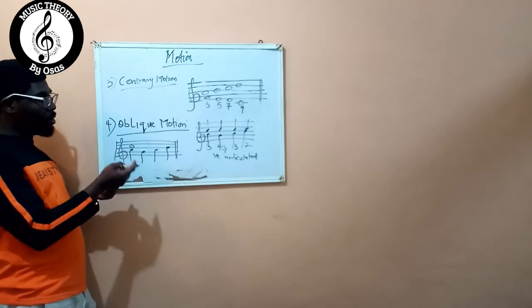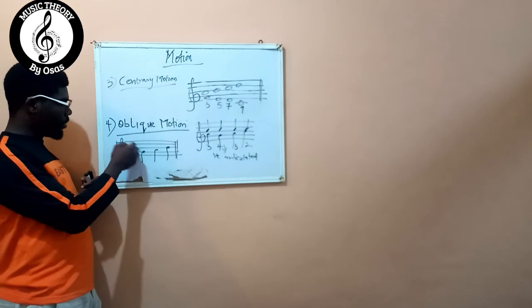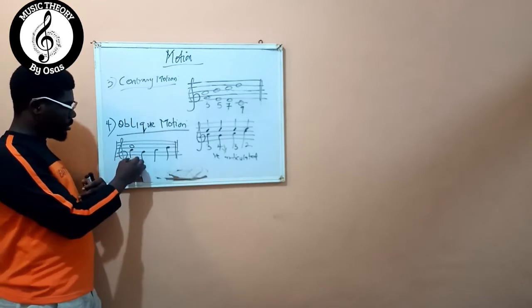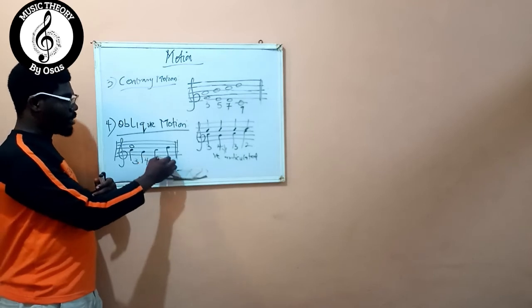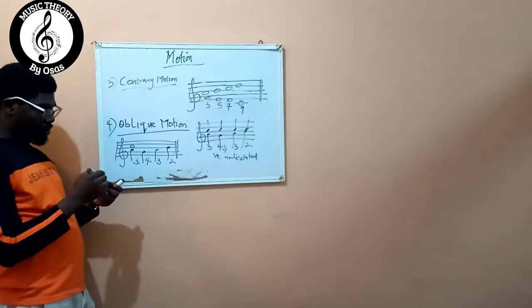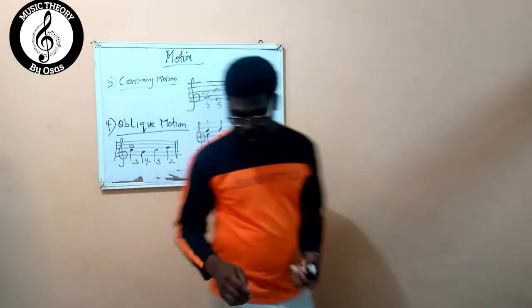Maybe I will put another example. So you can see it's a third, the fourth, the third again, and the second. You can see it on the piano. Let's play it and see what it looks like.